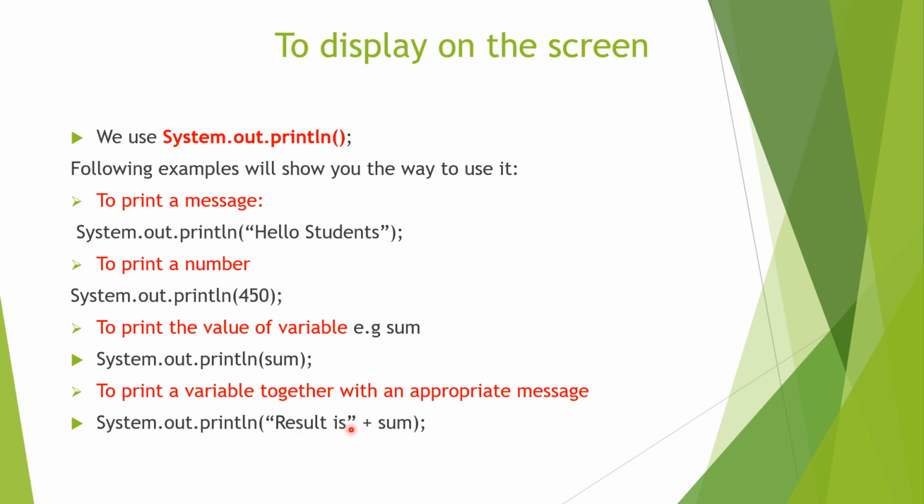So "result is" within double quotes, then the plus sign and the name of the variable. The name of the variable will not be within double quotes. It will be without double quotes, and then the value will be displayed. If I put double quotes over here around sum, then the output will be result is sum. But we want its value. So for the value, we will not include double quotes around sum.